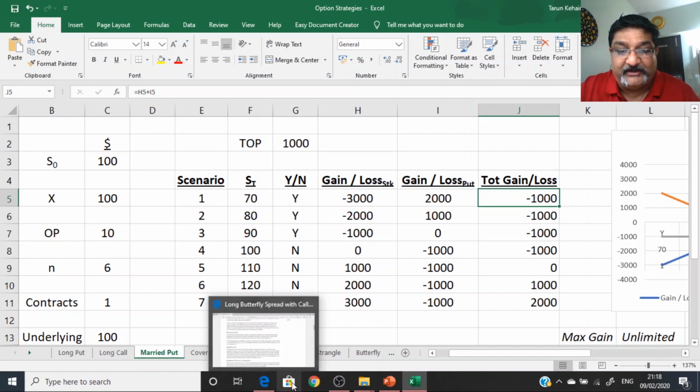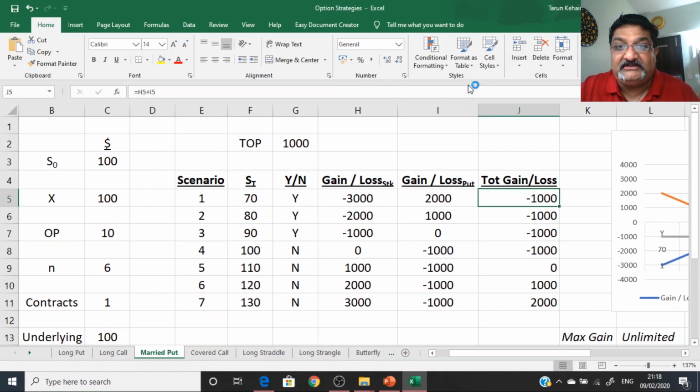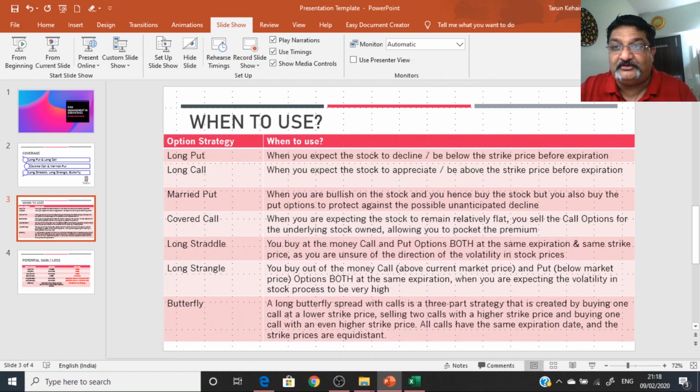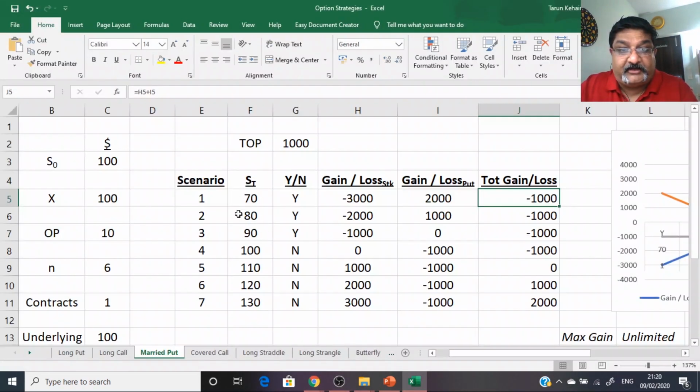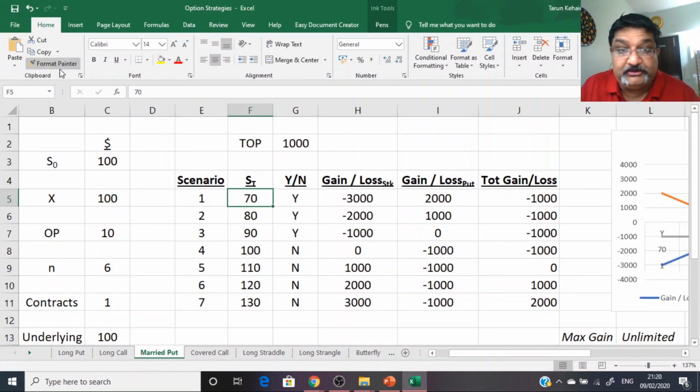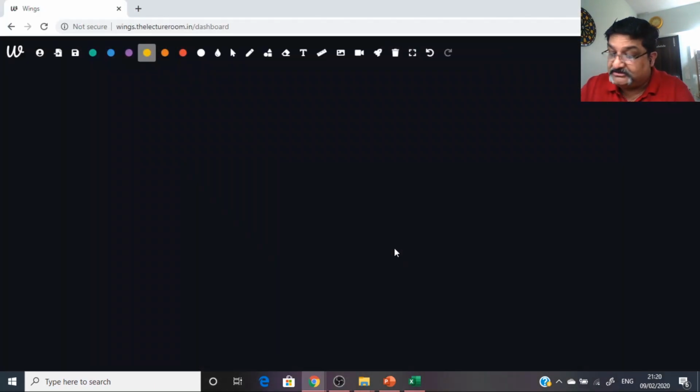Let me also quickly illustrate this to you by way of a written note so that it's much easier for you to grasp. Okay, so now look at the position. In this particular case, you have two positions. Your position number one is basically you have gone long on the stock. Because you have gone long on the stock, your spot price was $100.